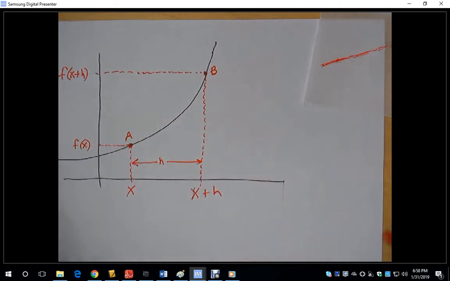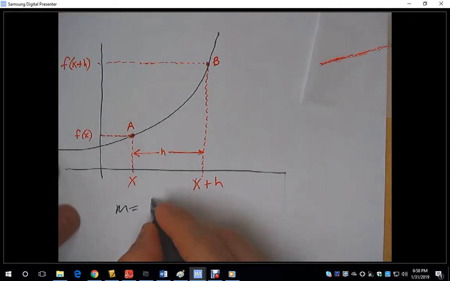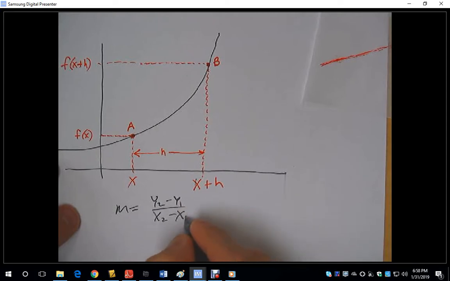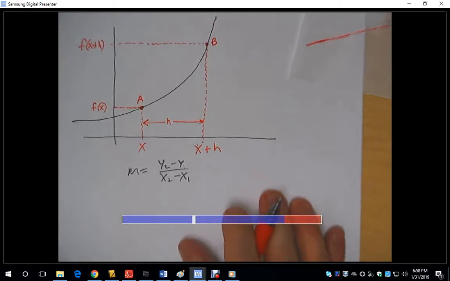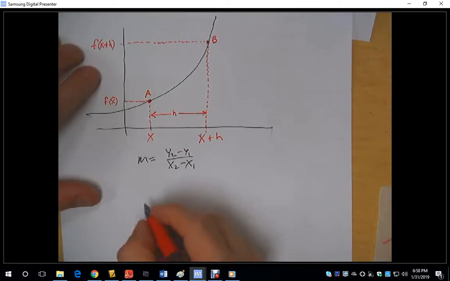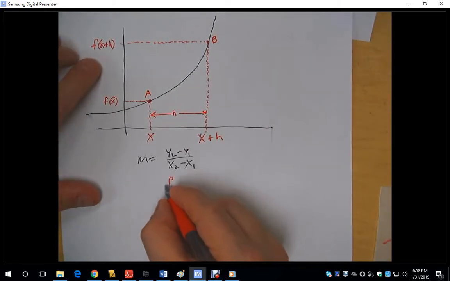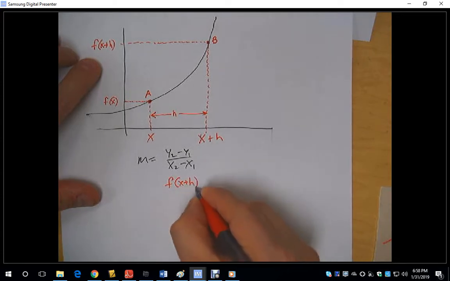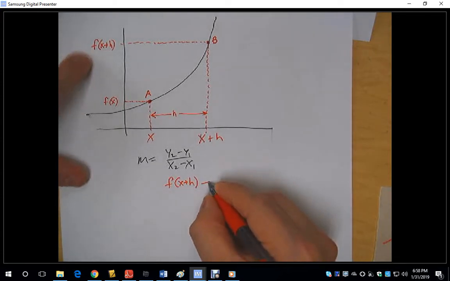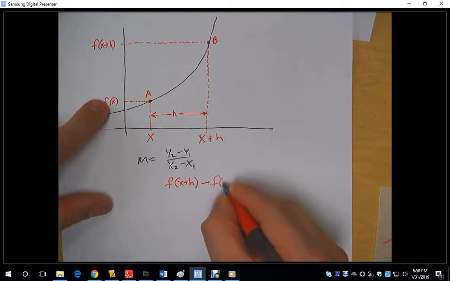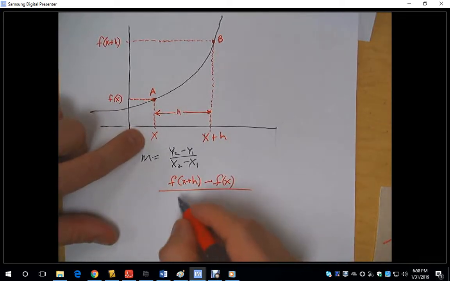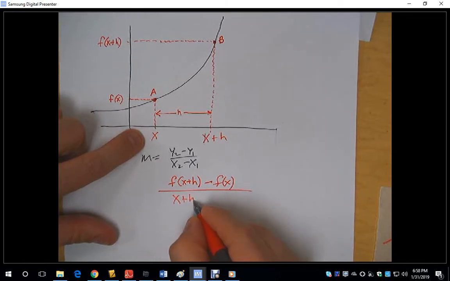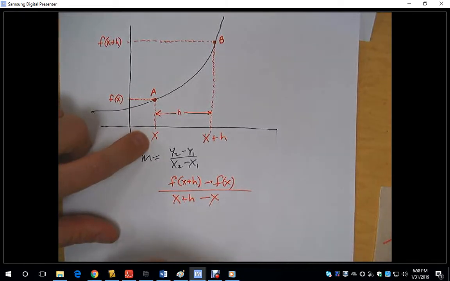So I'm going to use my equation of slope, y2 minus y1 over x2 minus x1. My y values are going to be f of x plus h minus the other y value, f of x, over the x value, x plus h minus the other x value, x.